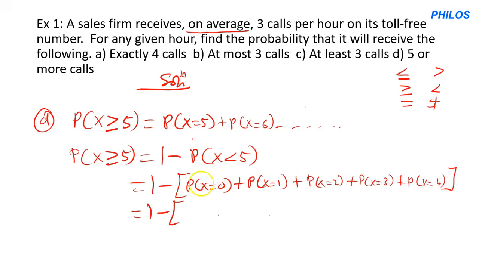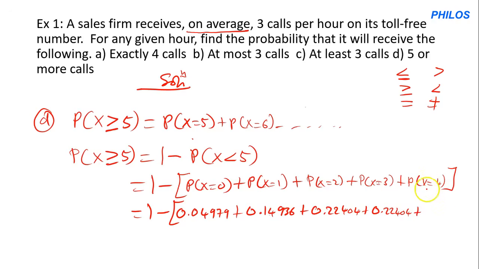Now, when we find the probability that X is exactly 0, in question C, remember we got the probability that X is exactly 0 to be 0.04979. So plus, we got a probability that X is exactly 1 to be 0.14936. And we got the probability that X is exactly 2 to be 0.22404. Then we got a probability that X is exactly 3 to be also 0.22404.